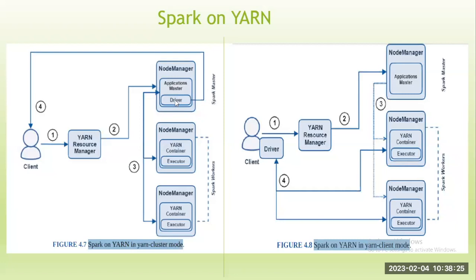But you need more than 4 GB, you need 8 GB. Then in the client mode you can set it higher, because your driver is launching on your client machine and not in the cluster. So if you need more memory for the driver, in that case you can use the YARN client mode for testing purposes only, because it's not going to launch in the cluster, and the environment-level or cluster-level restriction will not be applied on the driver in this case.